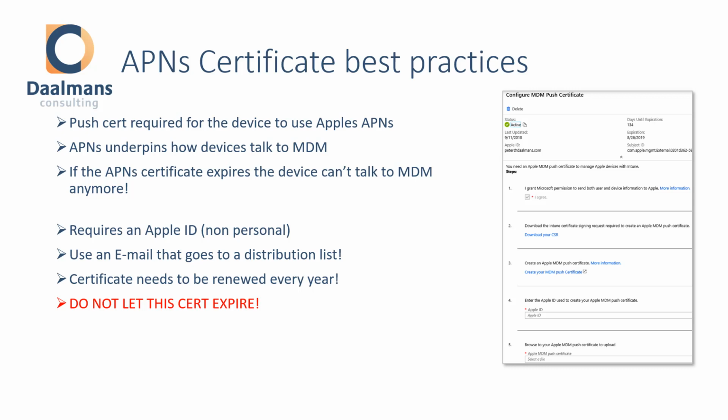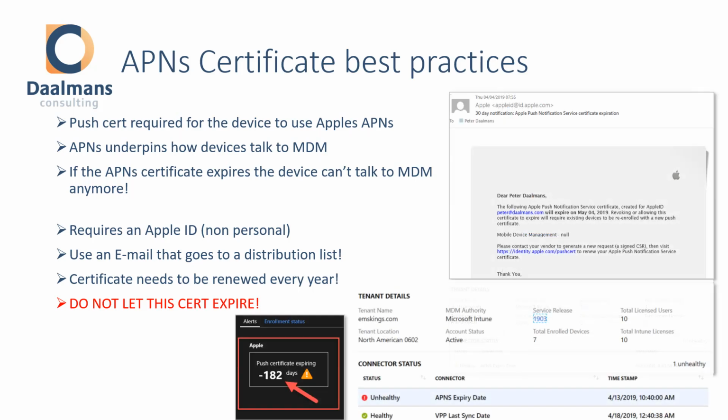So basically, don't use a personal Apple ID. Make sure you use a corporate-owned Apple ID, or at least an email address which is attached to it. You get an email 30 days in advance from Apple, and then a second email 10 days in advance.